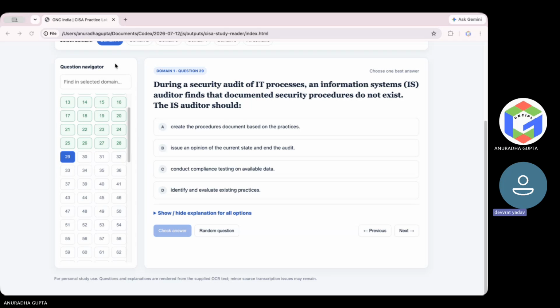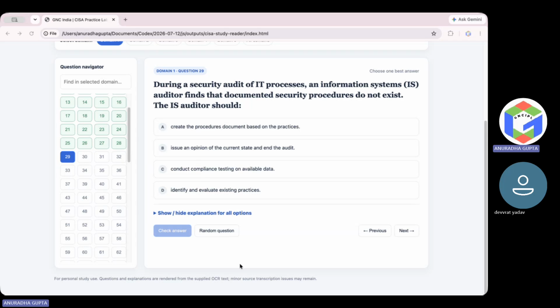Compliance testing. System practices. Options C and D are more likely, but still I think option D is more accurate.